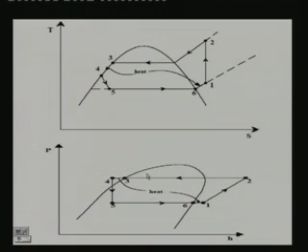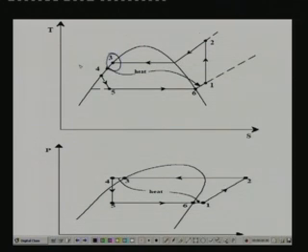Let me show this one on TS and PS diagrams. What you see here on the top is the TS diagram and at the bottom you have the PS diagram. If you do not have any subcooling or superheating, or if you do not have any liquid suction heat exchanger, this is the temperature of the liquid and this is the temperature of the vapor. So you can see that a large temperature difference exists between the liquid and the vapor. So you can exchange heat between these two by using a liquid suction heat exchanger.